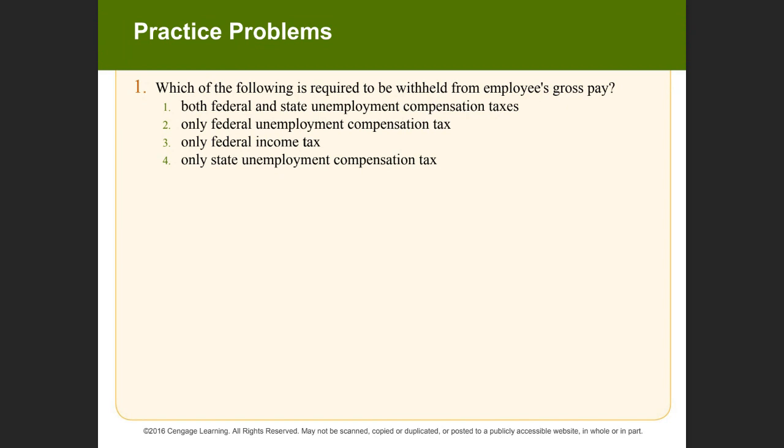So which of the following is required to be withheld from employees' gross pay? So what are we required to keep from the employee's gross pay? Federal and state unemployment compensation, only federal unemployment, only federal income tax, or only state unemployment compensation tax?